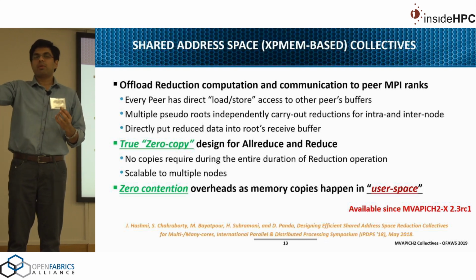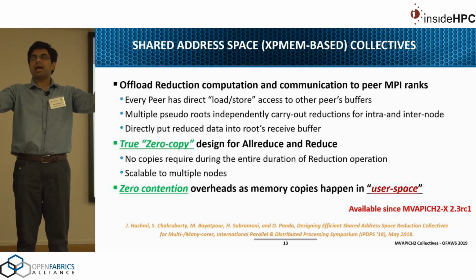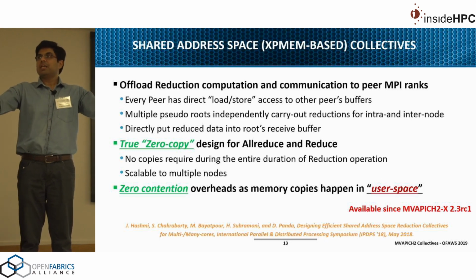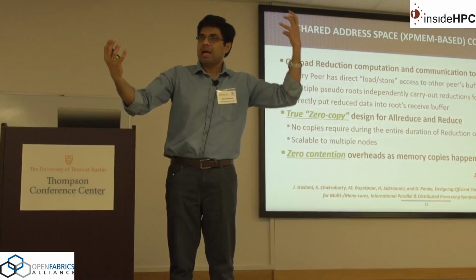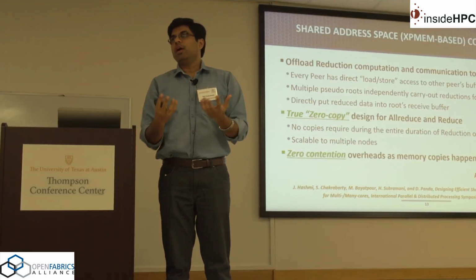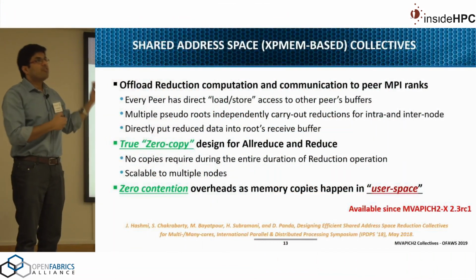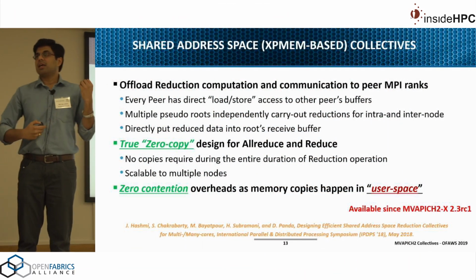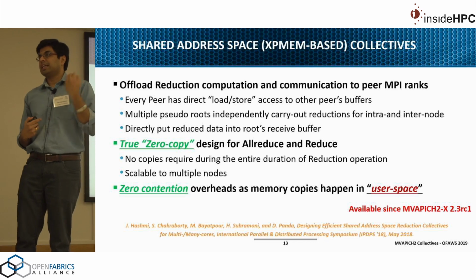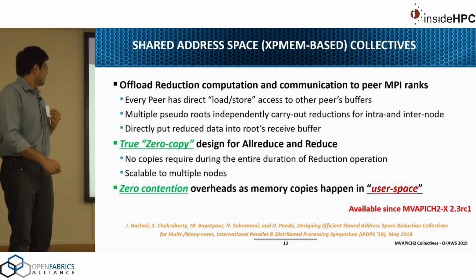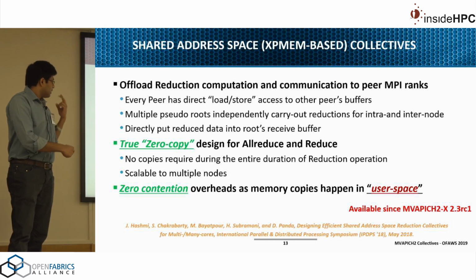You can register the local process memory and the remote process memory, and you can do A plus B. So there is no additional copying of data from A to B. You can avoid that. That is one of the significant differences that shared address space mechanisms enabled by technologies like XPMEM bring in.